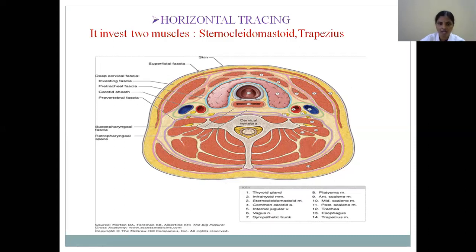If you trace further, it is continuous with the same layer of the opposite side. So this is the investing layer enclosing two muscles. You can clearly observe this by taking this transverse section, where it is enclosing the sternocleidomastoid muscle and trapezius.